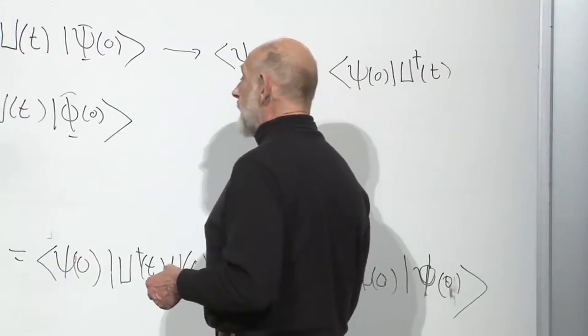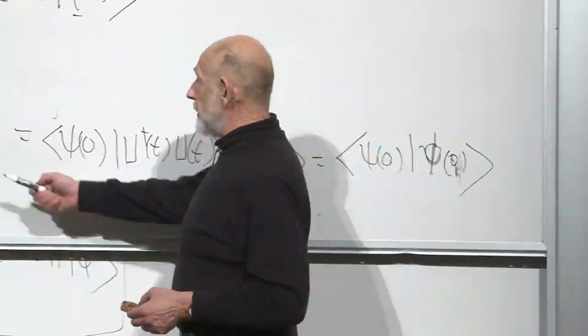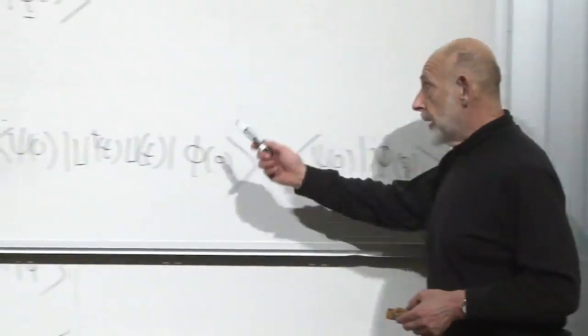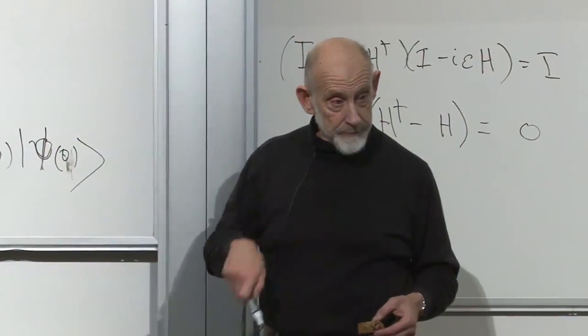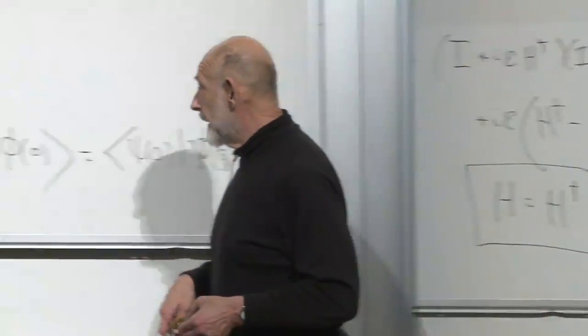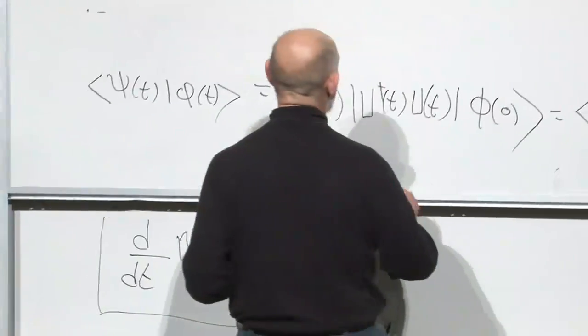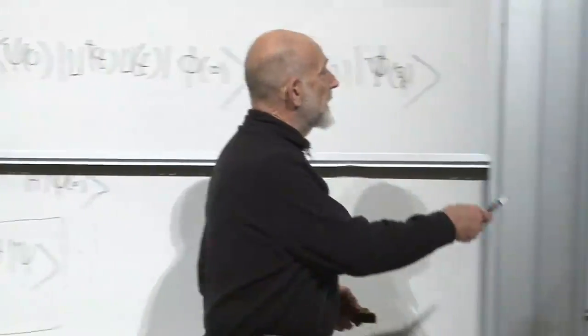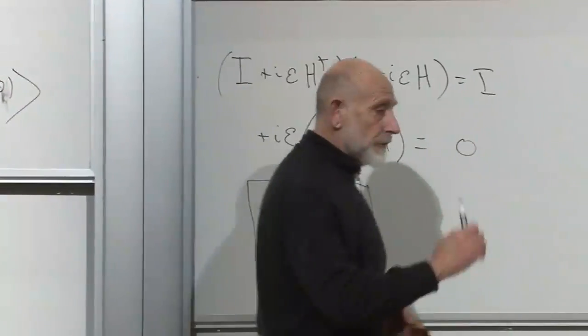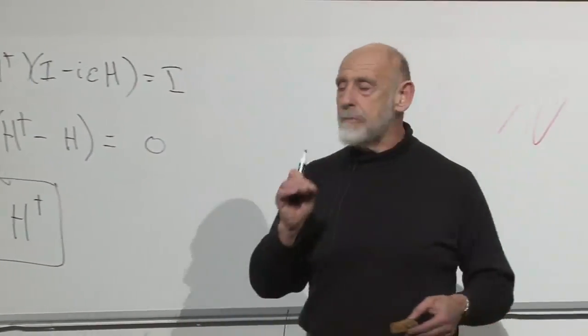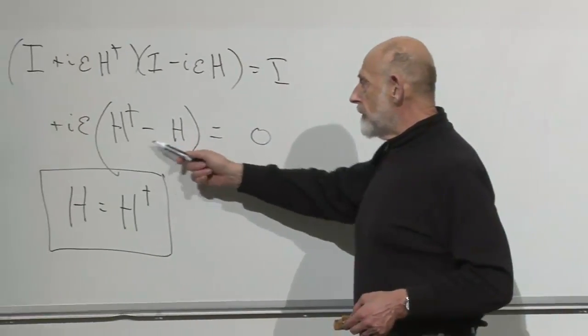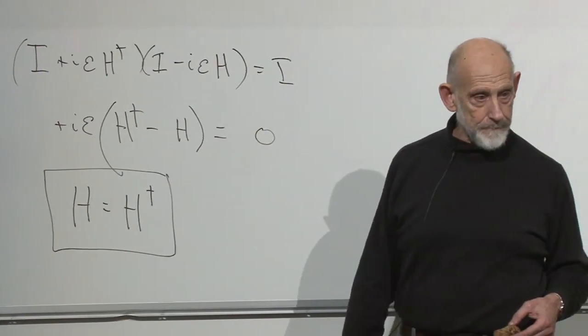The next statement is that inner products are conserved with time, and that tells you that U is unitary. From that, we went over to here and discovered that the small incremental change is governed by a Hermitian operator.